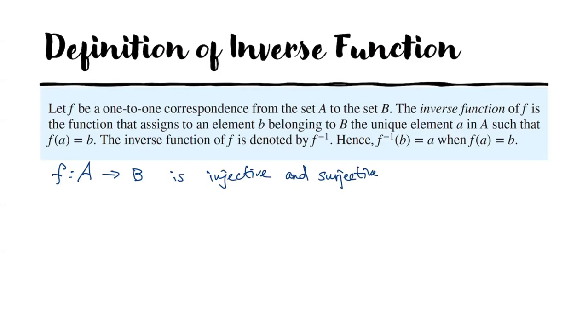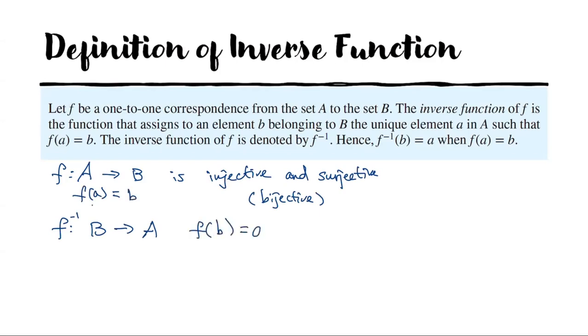In other words, if your function is bijective, then the inverse function will be from B to A. So if your f function is going from f of a equals b, then your inverse function will be f of b equals a.